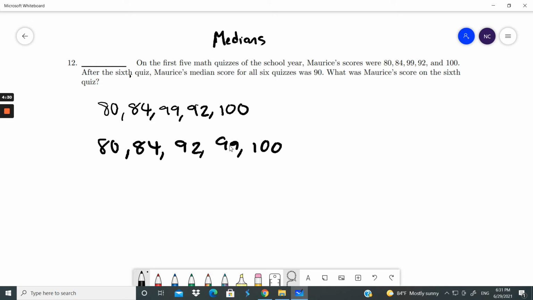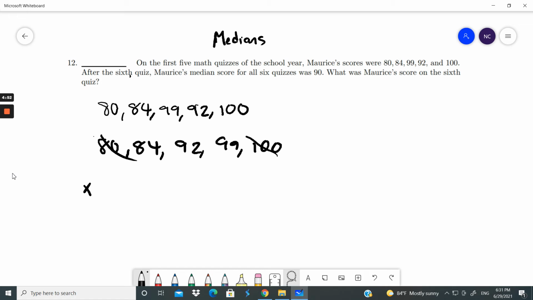We don't actually know Maurice's score on the 6th quiz, and we can't just assume that the number is anywhere and start going like this, because depending on how big the number is, it can change which 2 numbers are going to be in the middle.